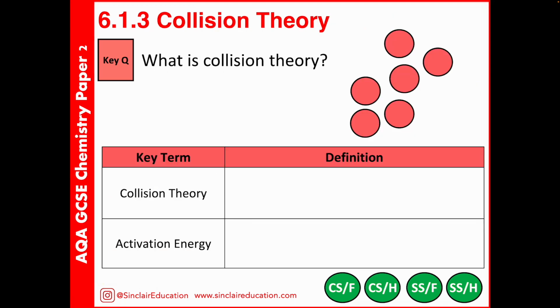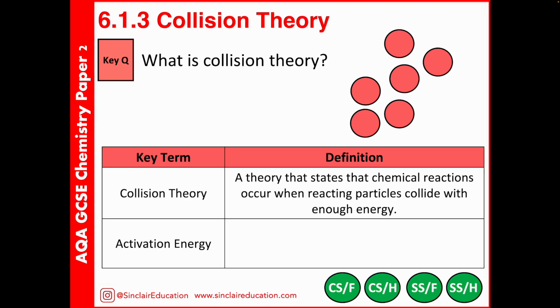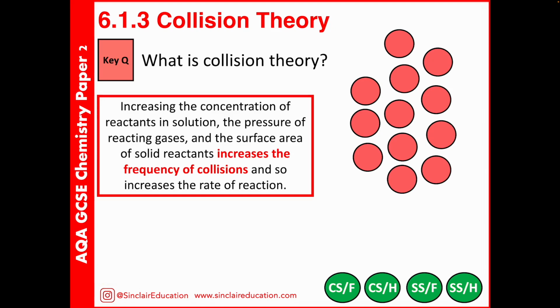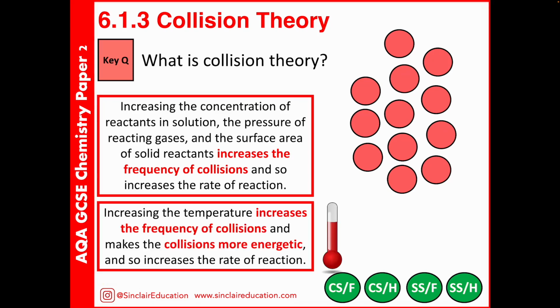We've kind of discussed this already, but as a reminder, collision theory is the idea that for particles to react, they need to collide with enough energy. And activation energy is the minimum requirement for a reaction to occur. So fundamentally, any of these changes that we make, if we increase collisions, we'll increase our rate of reaction. If we decrease our frequency of collisions, that rate of reaction will go down.